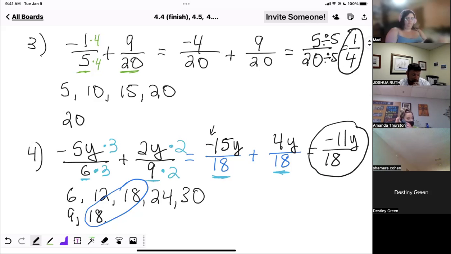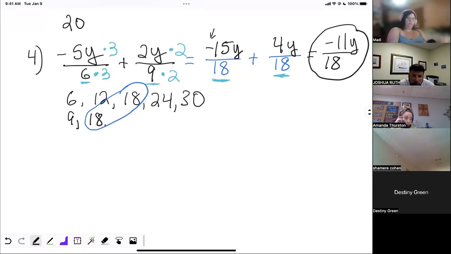We only did numbers in our denominator. Now I want to add variables in our denominator. So how do we get the same denominator when we have variables? All right, so let's say I want to add these.